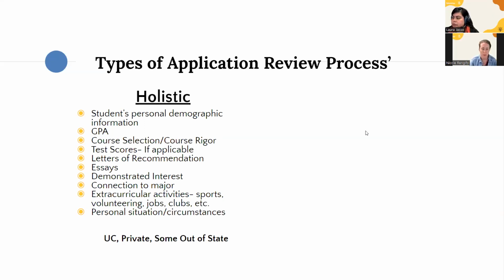Demonstrated interest, maybe you've gone to a college fair at that campus, maybe you've communicated with the college representative when they had a visit on your high school campus. Your extracurriculars, are you involved in activities? You have a part-time job, you have a club, you're a leader, and then personal situation. So maybe you have something unique or challenging you've had to go through. So they look at all of those different factors when they offer you admission.